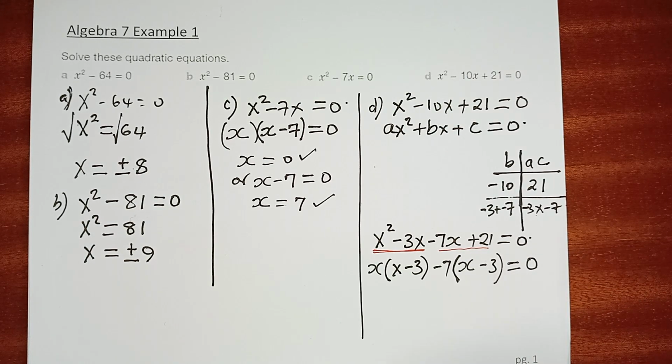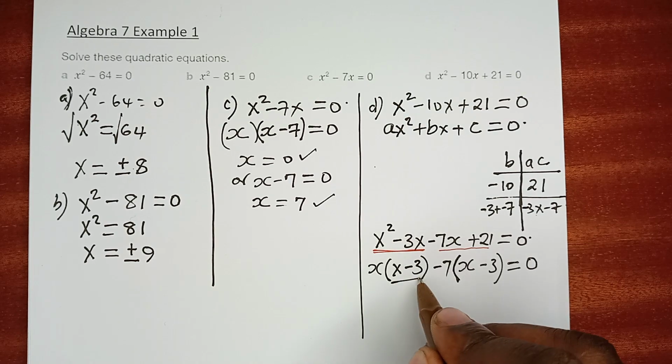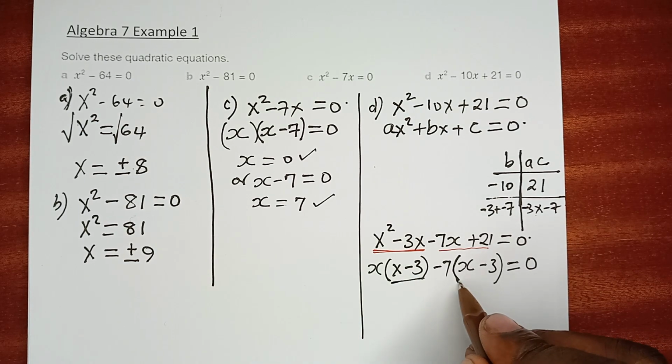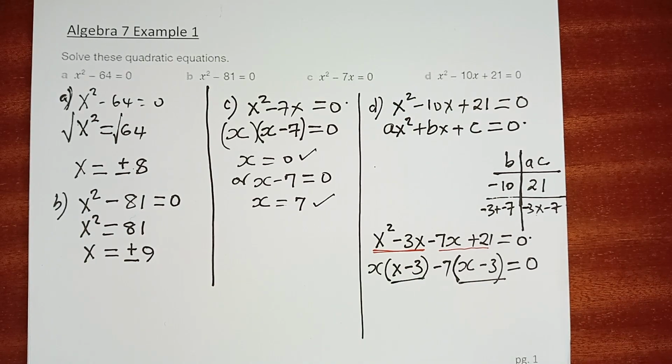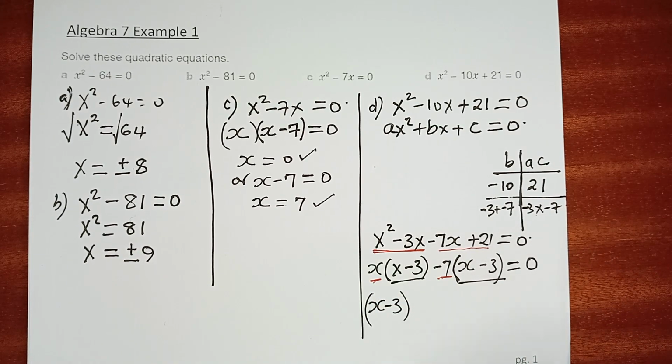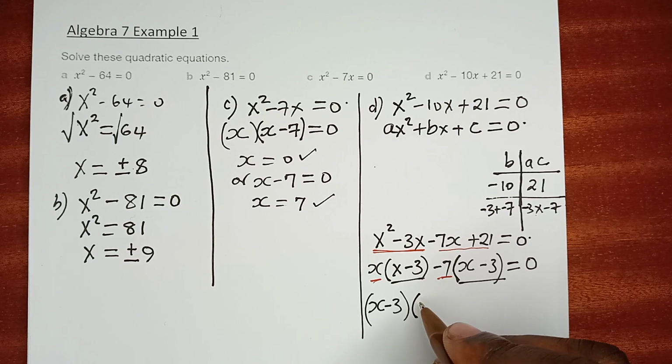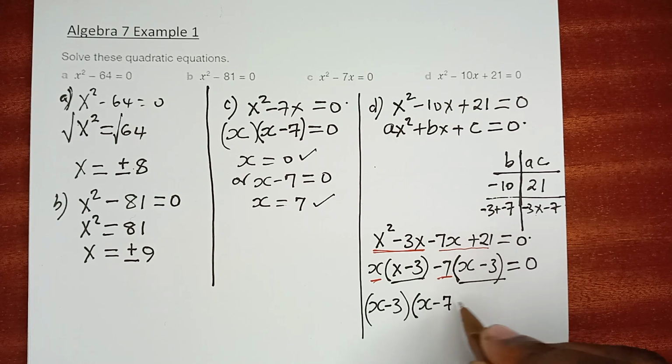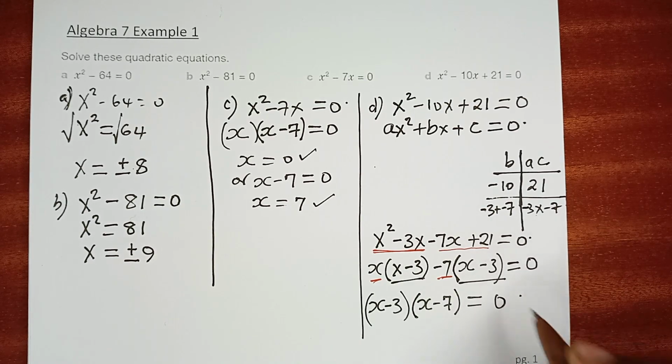Of most importance, we must see that that bracket is identical to that. And that is how things should be. So if these brackets are identical, we just write it only once, x minus 3. And then the terms that were outside the bracket form a bracket of their own. So x minus 7. And this is what is equal to 0.